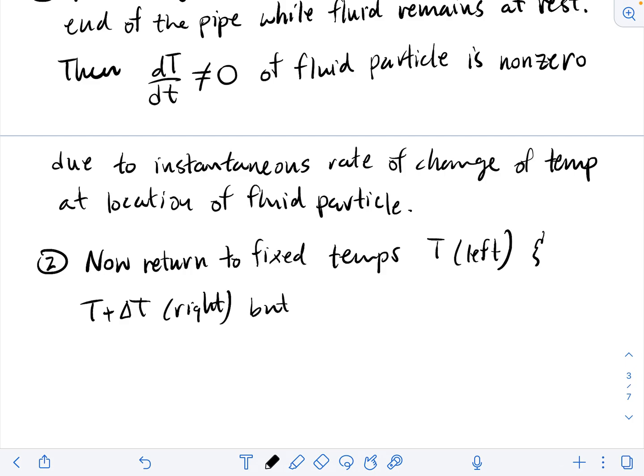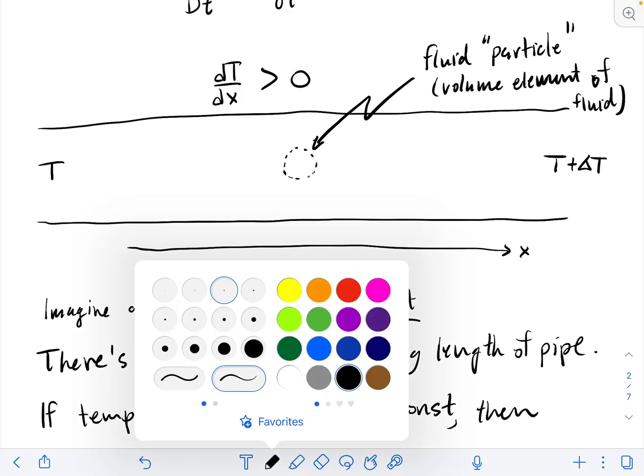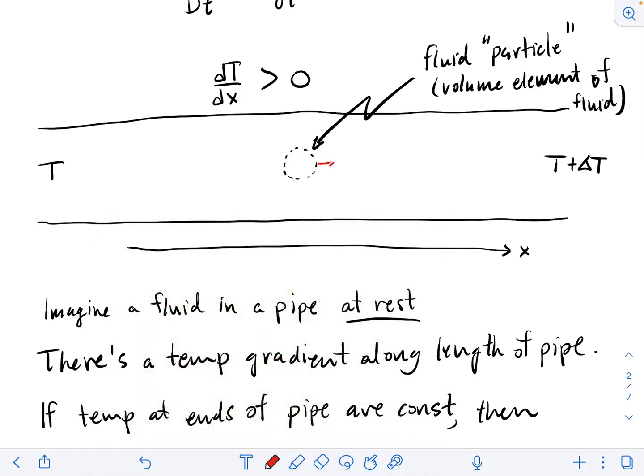But now we allow the fluid to flow. The fluid flows along the positive x direction. For example, we could think of our fluid flowing in this direction.